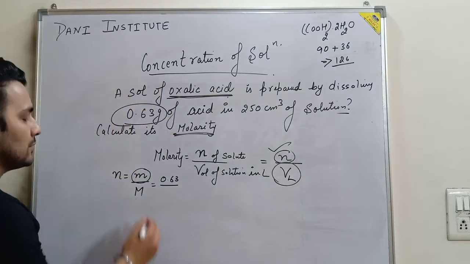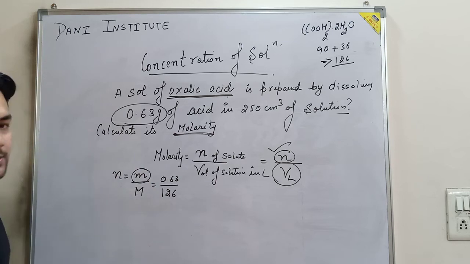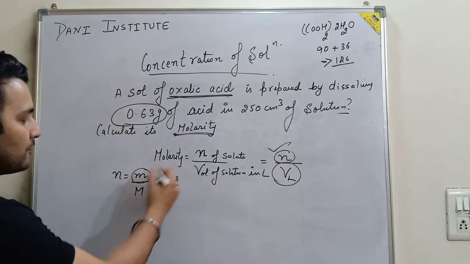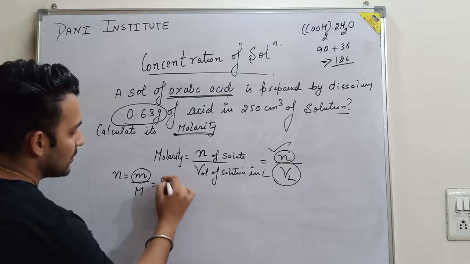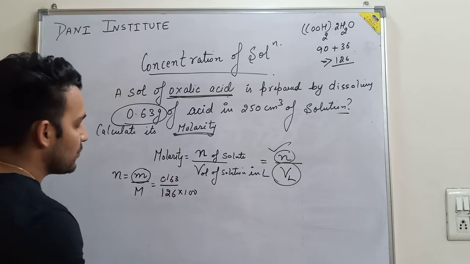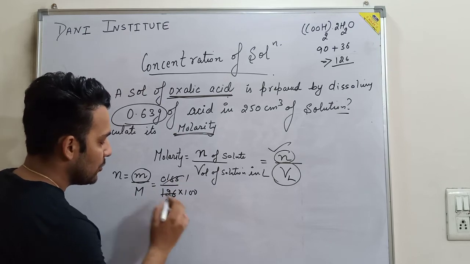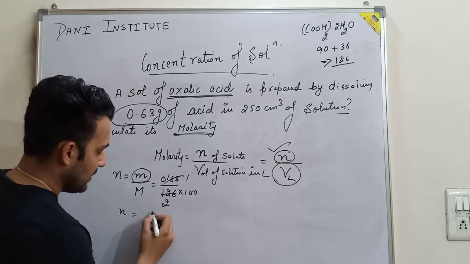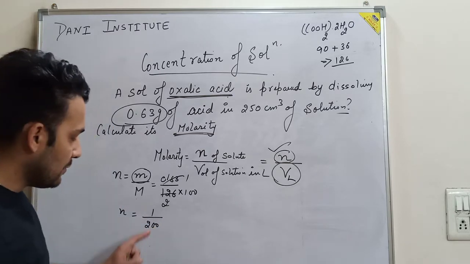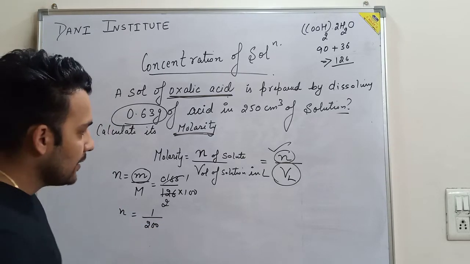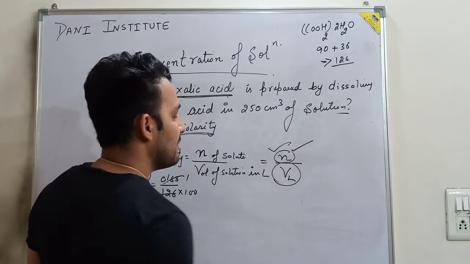This is the molar mass of oxalic acid, 126. Now find the number of moles of the solution. Just remove this point and 100 will be in the denominator. 1 and then we are having 2 here. The number of moles will be 1 by 200.